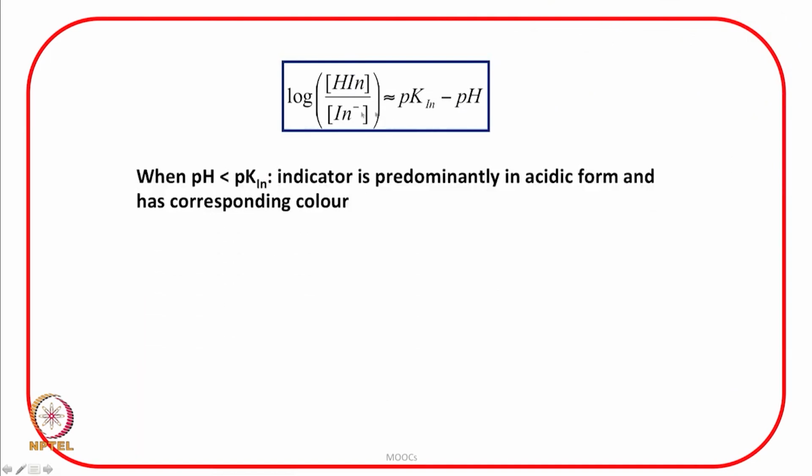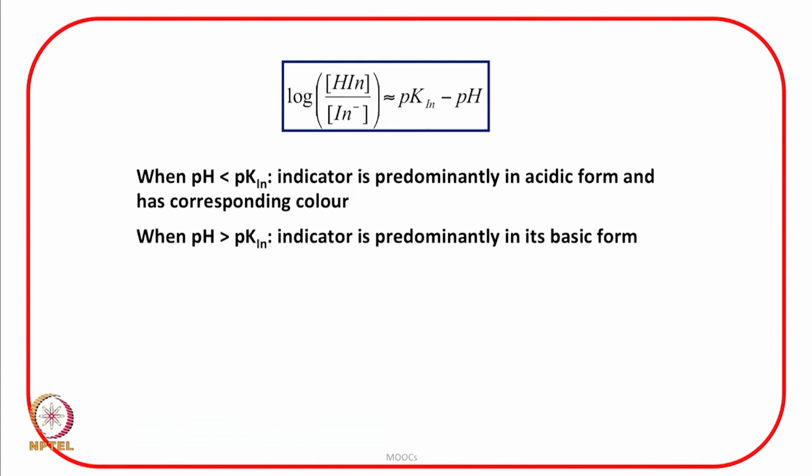According to this relation, when pH is less than pKIn, the overall value is positive. That means the indicator is predominantly in the acidic form and has its corresponding color. And when pH is higher than pKIn, then overall it is negative. That means indicator is predominantly in its basic form and will have its corresponding color.